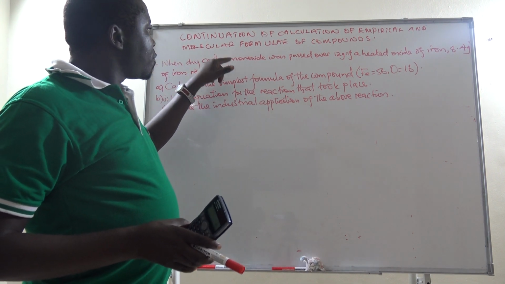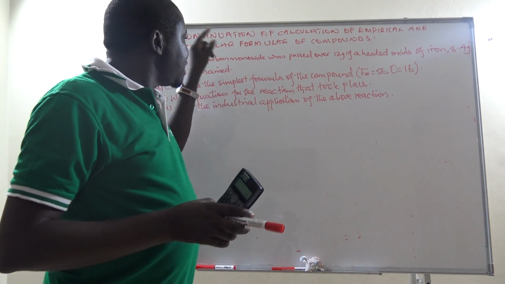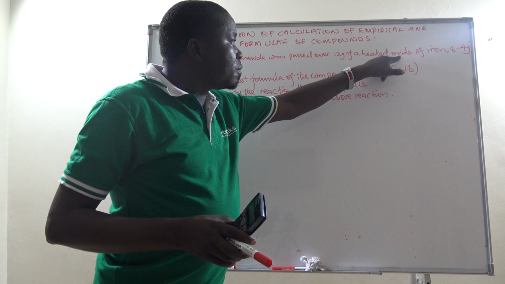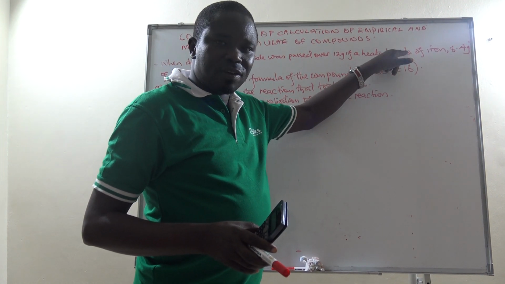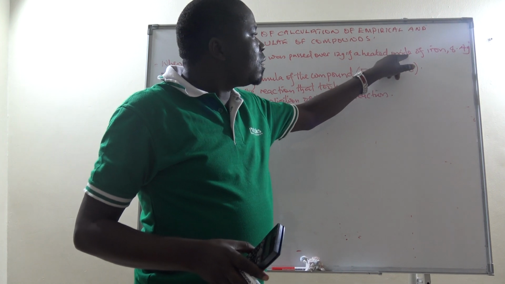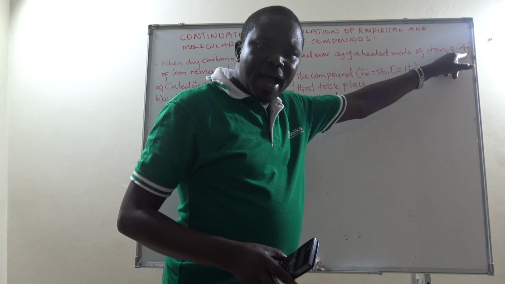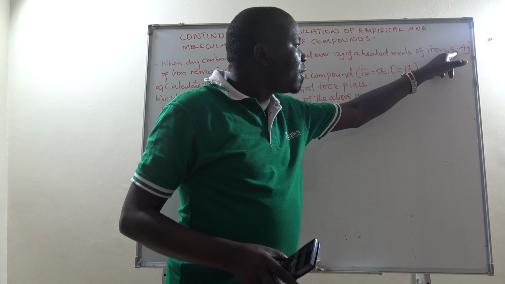Carbon monoxide is a reducing agent. As a reducing agent, it removes the oxygen atoms found in the oxide of iron. After removing all the oxygen atoms, we remain with only iron. So this 8.4 grams is the mass of iron only.